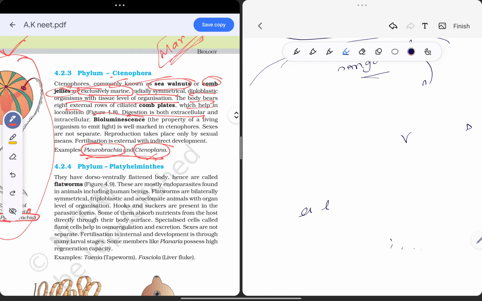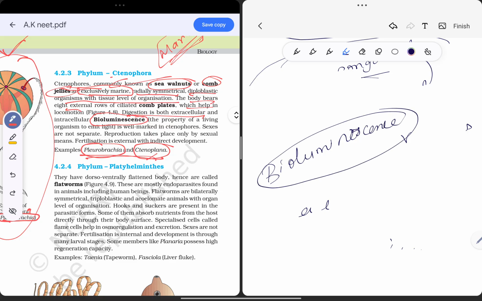Next one, the special thing is bioluminescence. Bioluminescence is a very special feature present only in Ctenophora. Bioluminescence is the property of living organisms to emit light. What does bioluminescence mean? It means that there is an organism which belongs to the phylum Ctenophora.